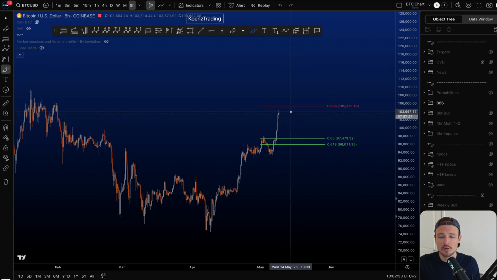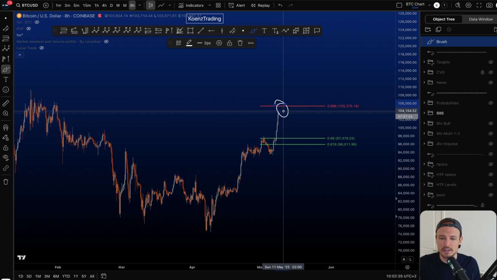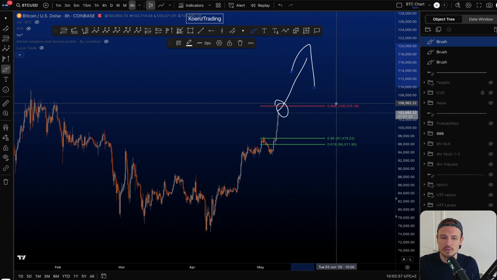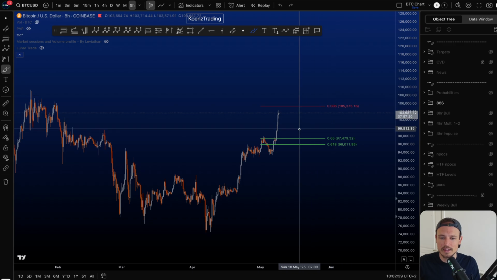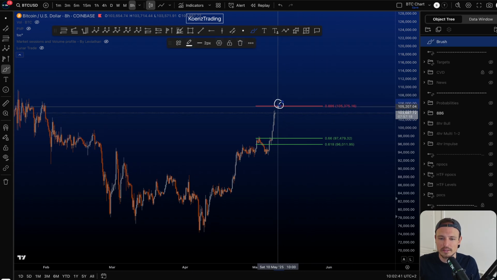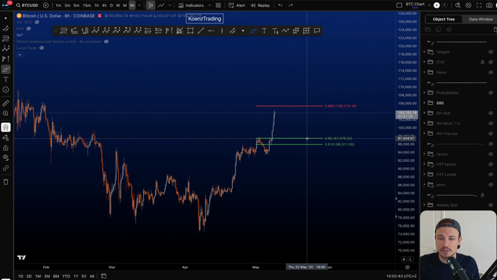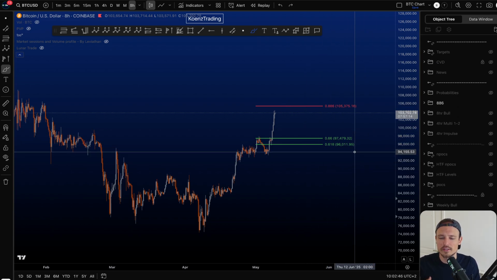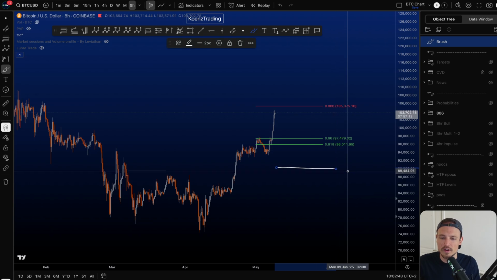It is uncommon for price to just pump through an 886 without any reaction, go to the upside, and that is it. It is a lot more common for an 886 to be touched and then see a retracement to the downside. And generally the golden pocket is an interesting area, or even the 0.5.